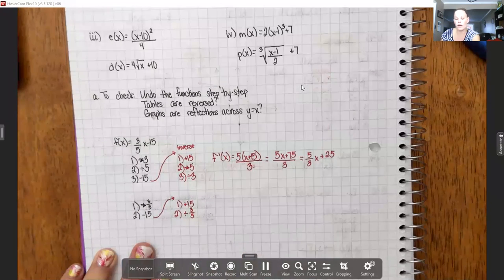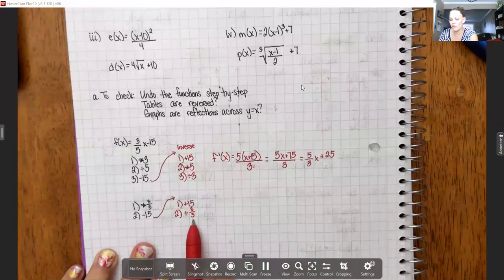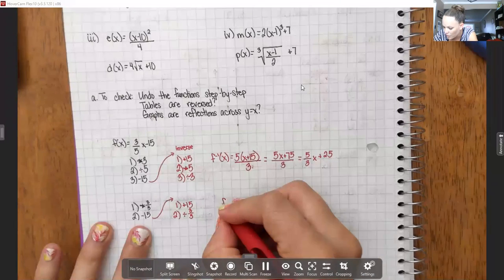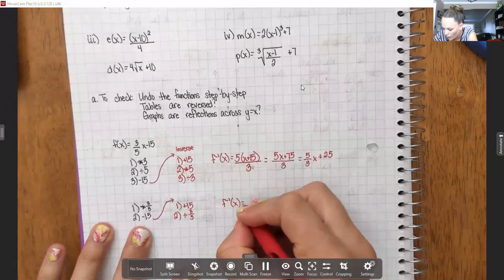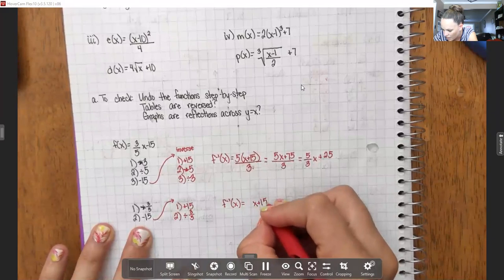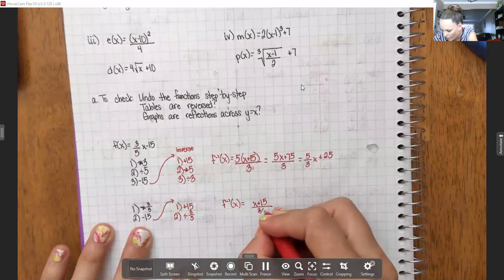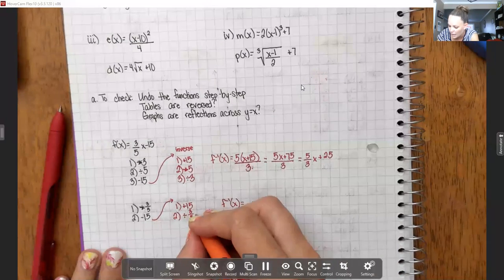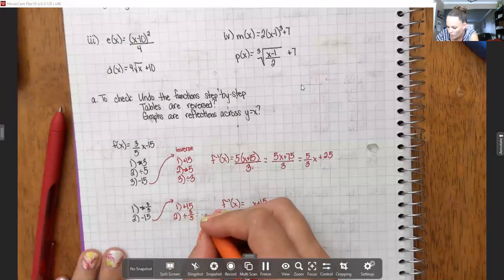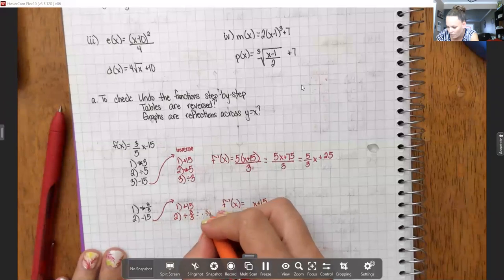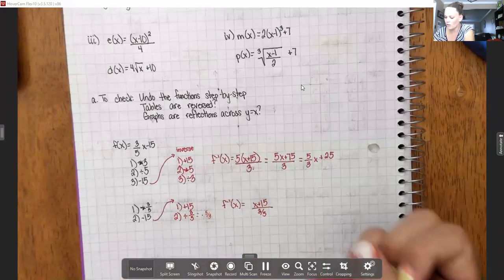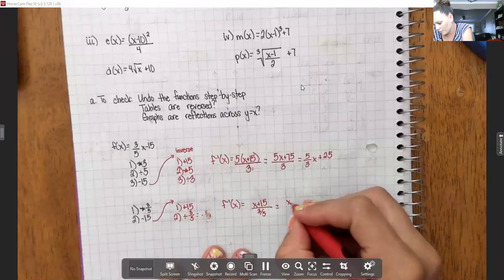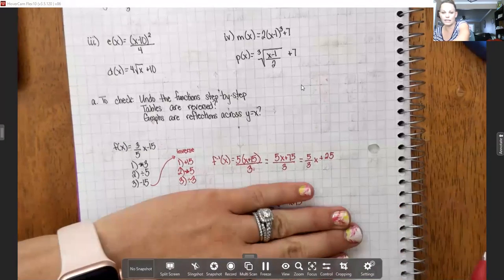But hopefully we know with fractions, dividing by 3/5. So this would be x plus 15 divided by 3/5, which dividing by 3/5 is the same as multiplying by 5/3. That's what we do.